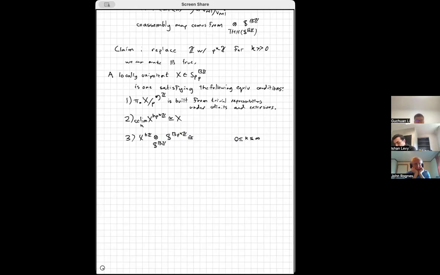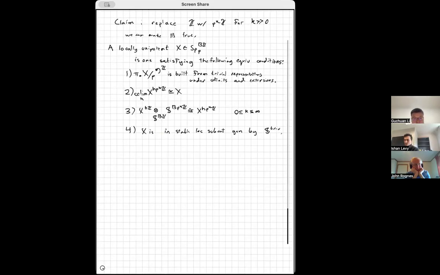And this condition is that this base change is in fact just x to the fixed points by the subgroup. And then the fourth condition is that x is in the stable localizing subcategory generated by the sphere with the trivial action. And so it's built out of trivial representations. Okay, so these are all equivalent.